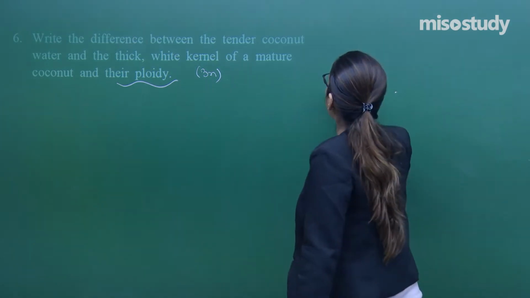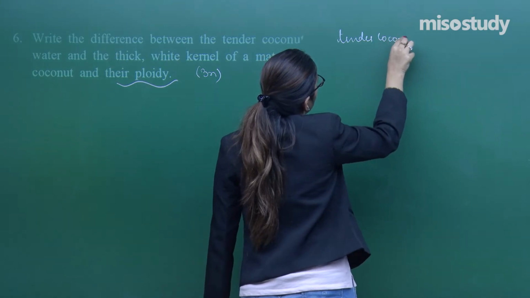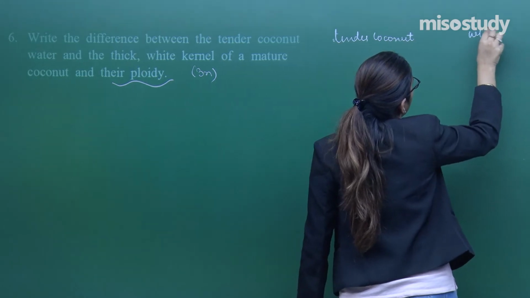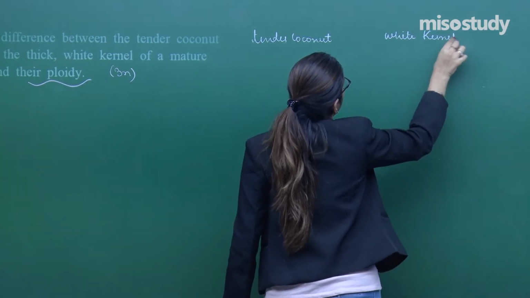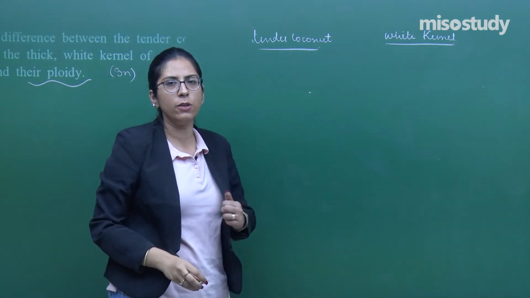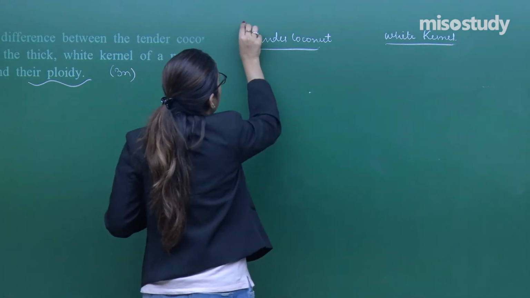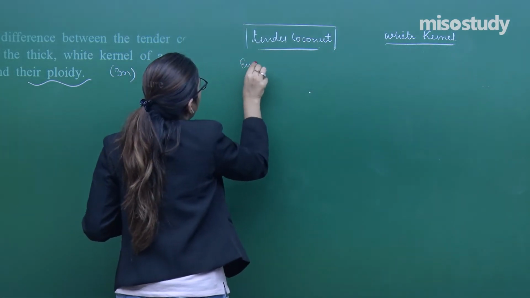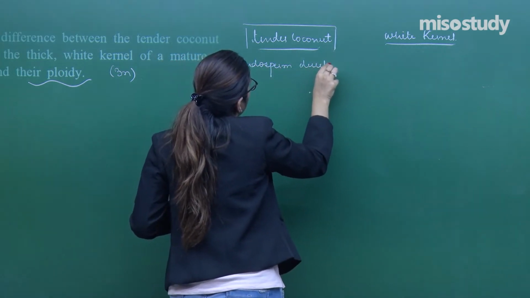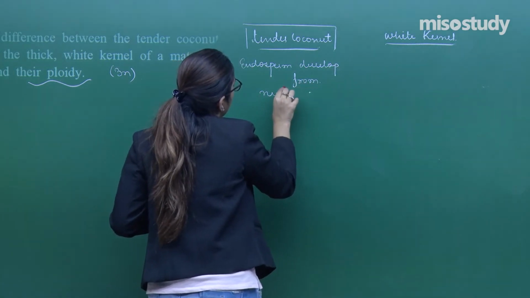Now, to talk about the tender coconut, and they are also asking about the white kernel. In the tender coconut, you can see the water is there, the endosperm is there. In the case of the water, a watery condition is there, and in the tender coconut the endosperm develops from nuclear endosperm.